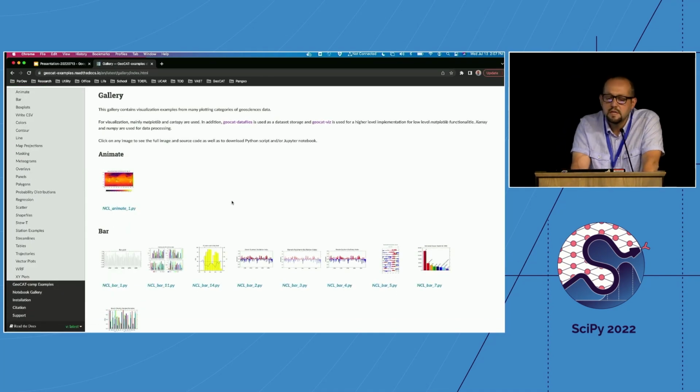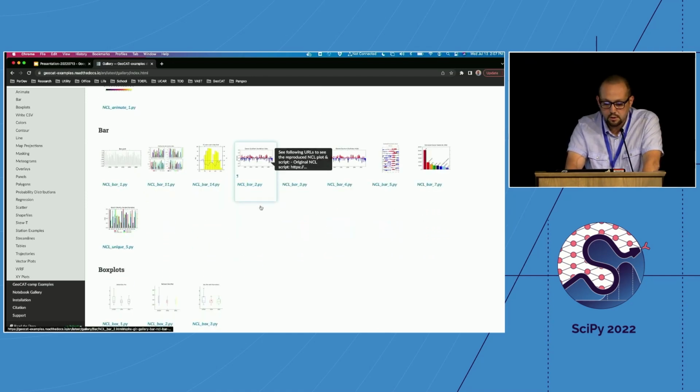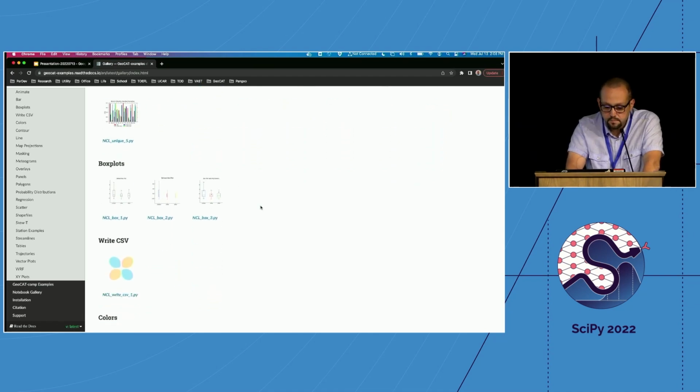The GeoCAT examples right now has been housing slightly more than 150 plotting scripts in over 25 plotting groups or types.